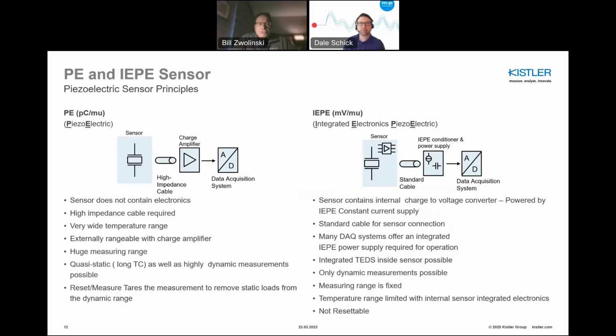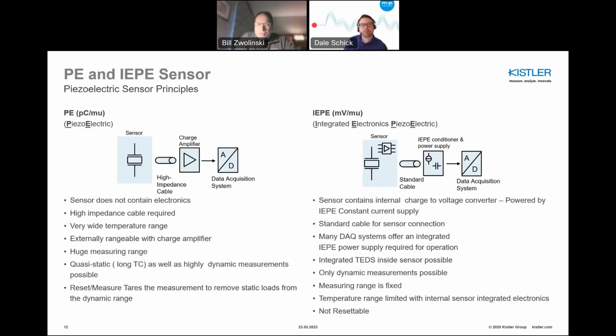So some terminology: piezoelectric and IEPE. IEPE means all those trons like piezotron, deltatron, isotron, and so forth, all those trons, ICP, and so forth. They all mean IEPE sensors. These are trade names, trademarks of various companies.